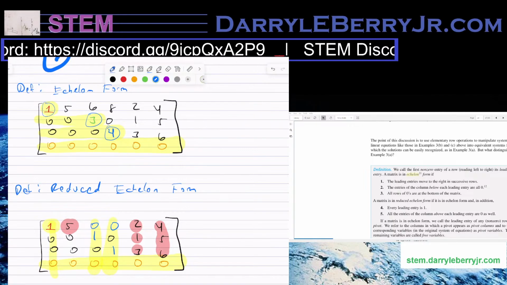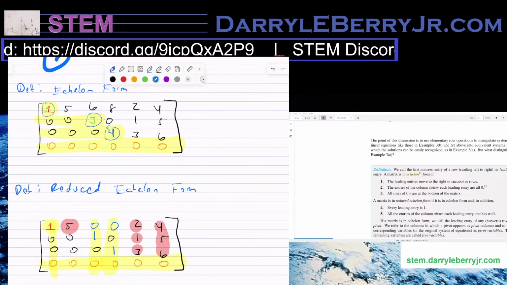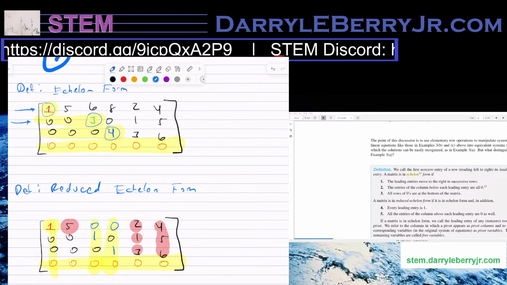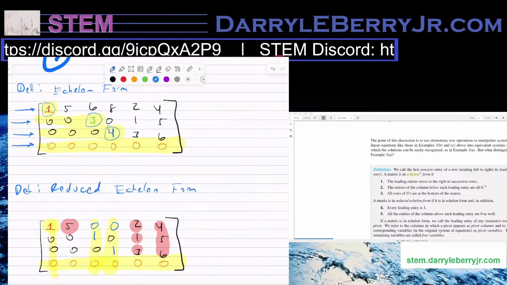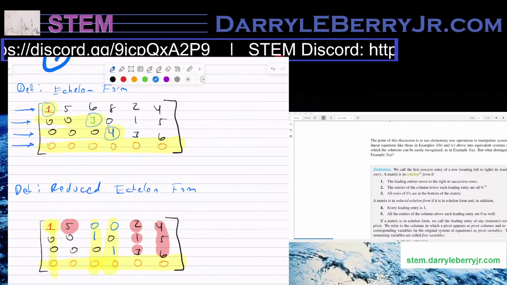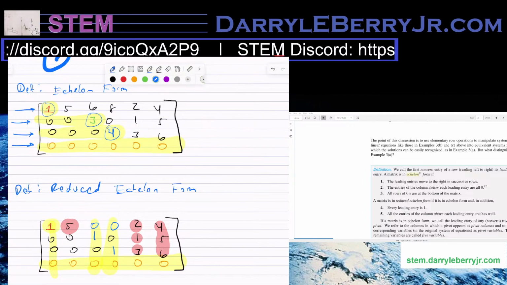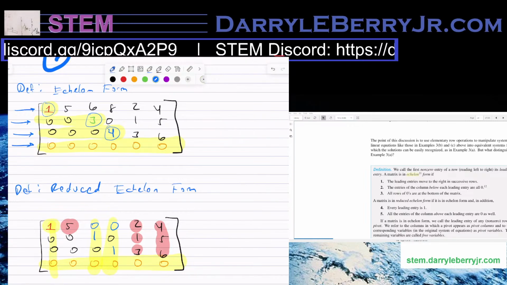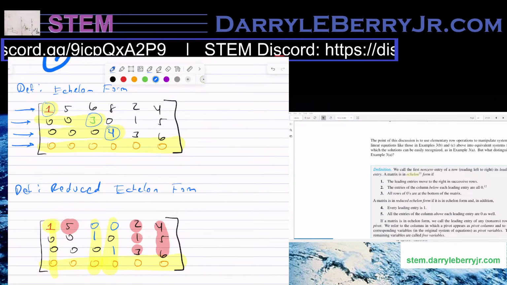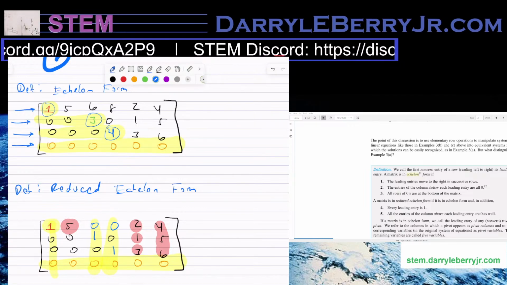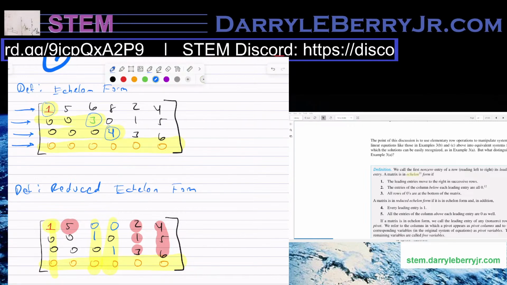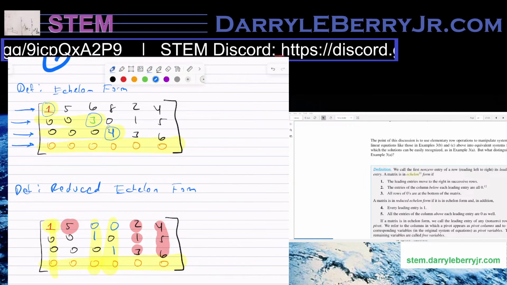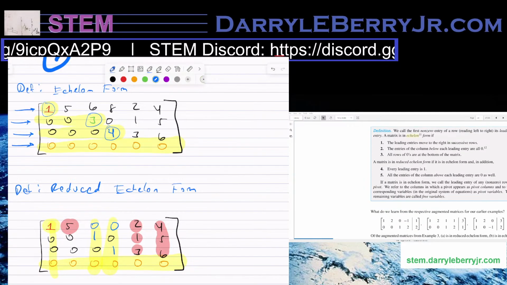The leading entry of any non-zero row is a pivot. So pivots go by row. I was thinking columns, but that makes sense because each row is an equation. The columns in which the pivot appears are pivot columns, and the variables are pivot variables, for instance x1, x3, and x4. So x2 is a free variable, and so on and so forth.